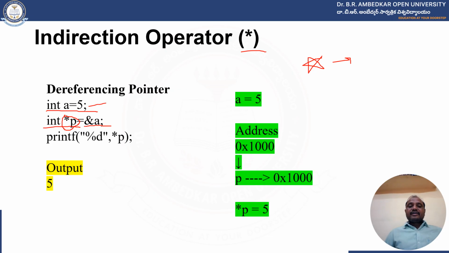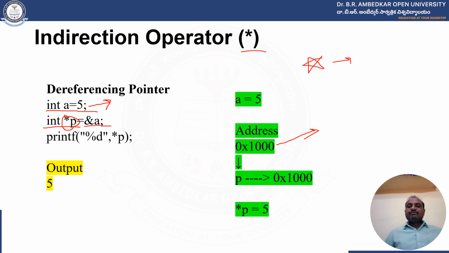When we declare and assign the value like this, one address is given to a, and in that particular address the value of a will be stored. For example, the address of a is 0x1000, and that address will be stored in the pointer.